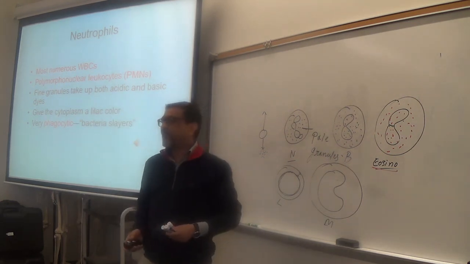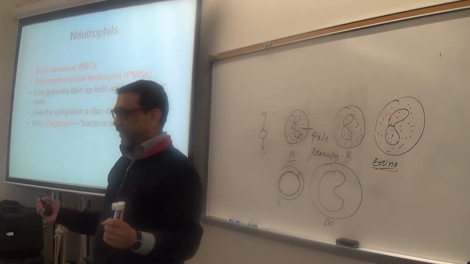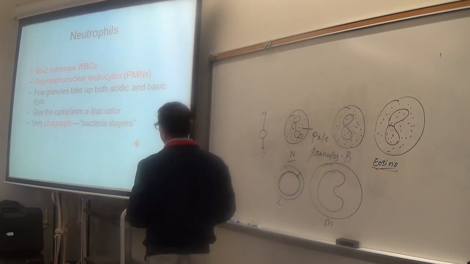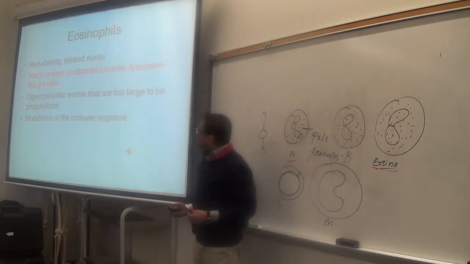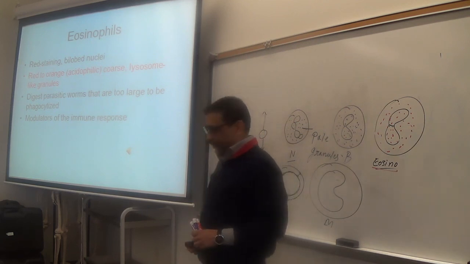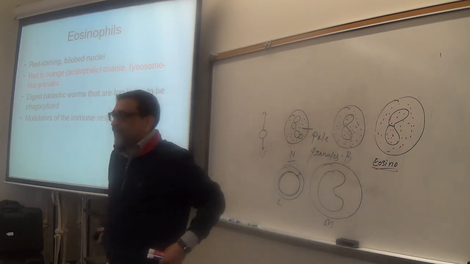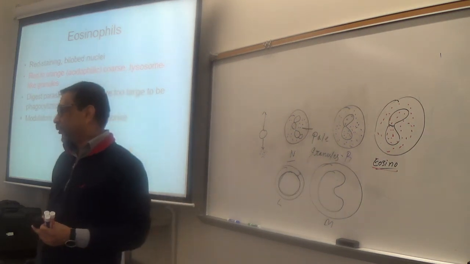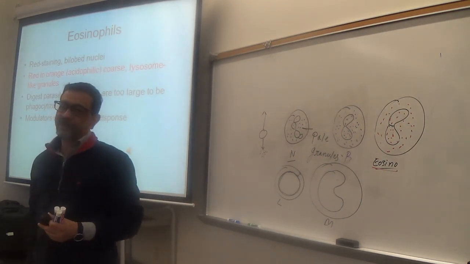Neutrophils are very phagocytic. That means they can engulf very powerfully. Eosinophils, just know that eosinophils are sensitive to allergic reaction. Sensitive to what? Allergic reactions.